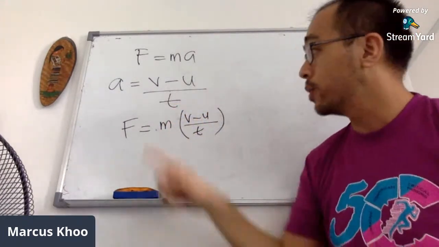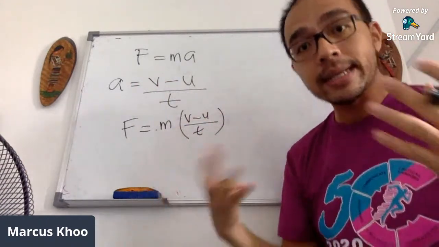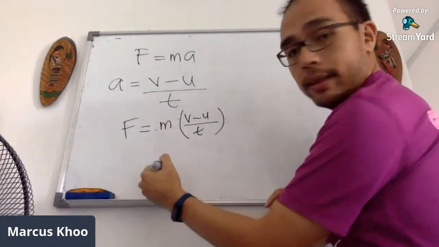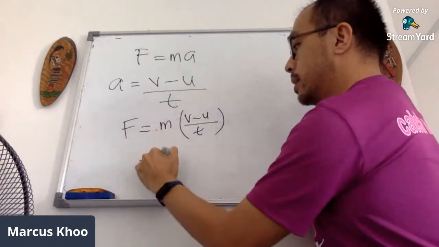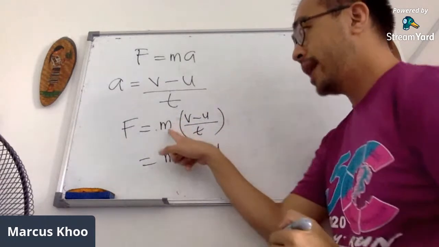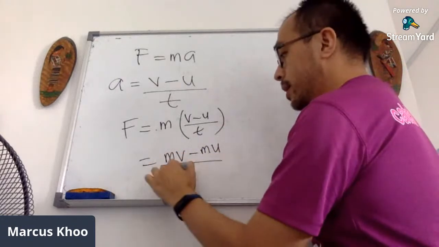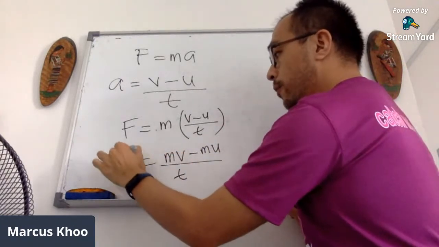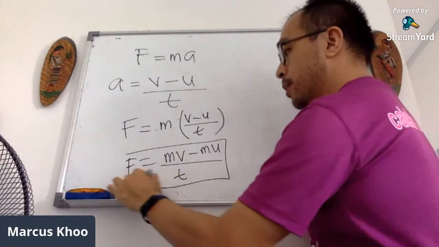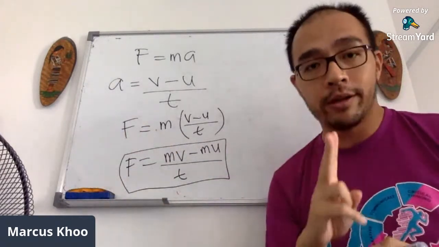Okay, so far so good. We put the a inside here, and then we get this. Let's expand this and see what we can get. We get mv minus mu, and this m doesn't multiply with the t. Leave it alone, over t. And we find that this is a very important formula for us because it tells us two very important things.